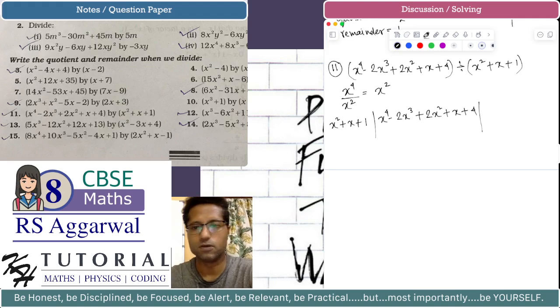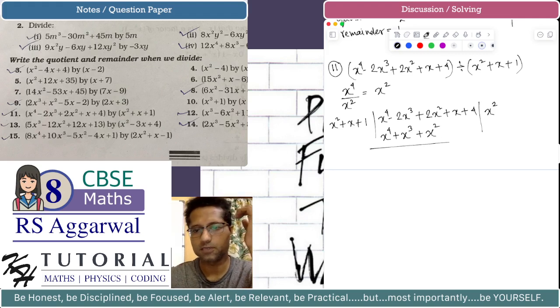So the first term of the quotient is x square, and we have to subtract the product of the first term of the quotient with the divisor. The product is x to the power 4 plus x cube plus x square.